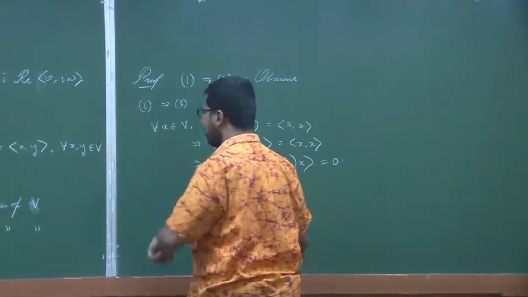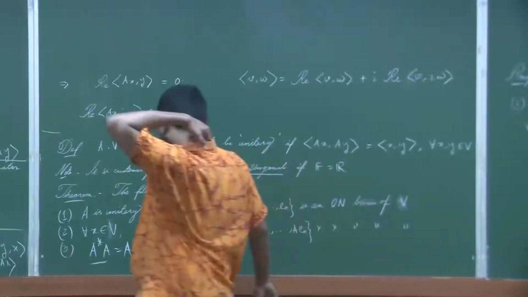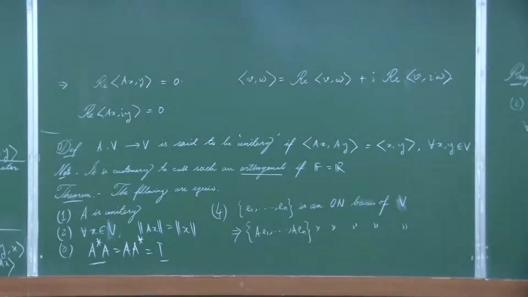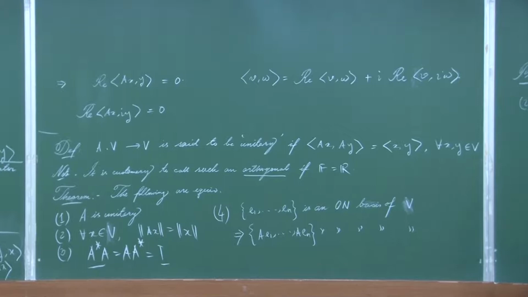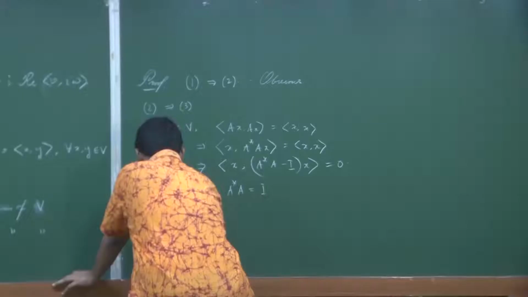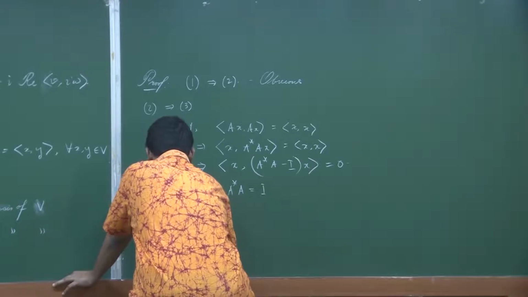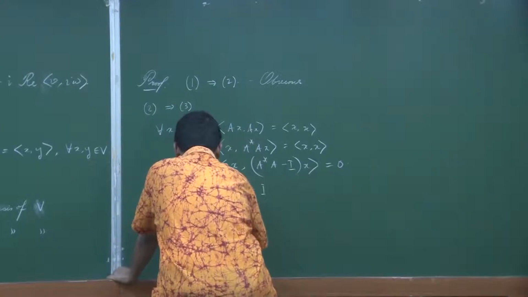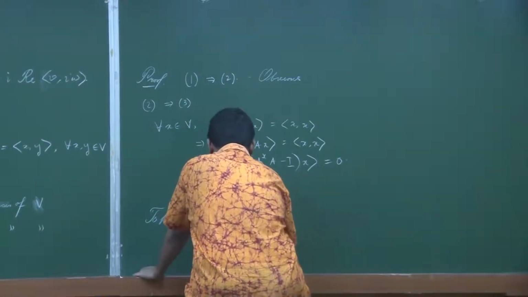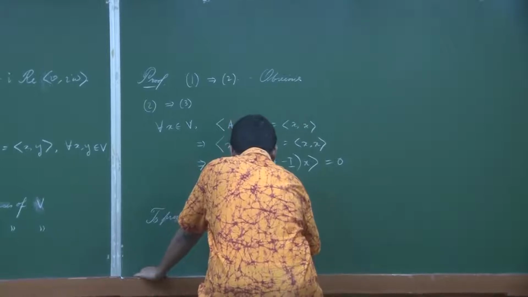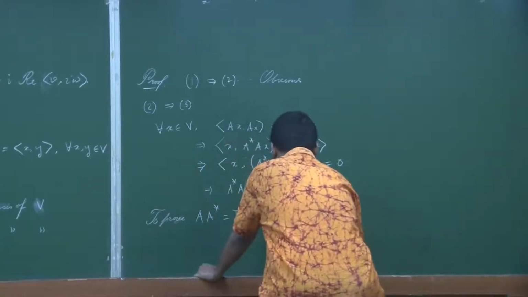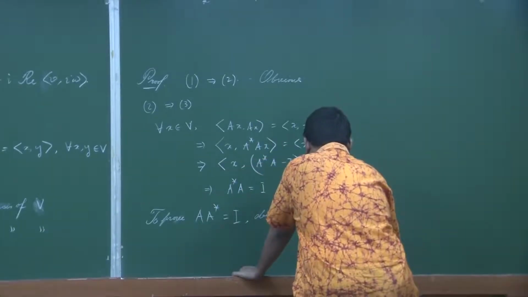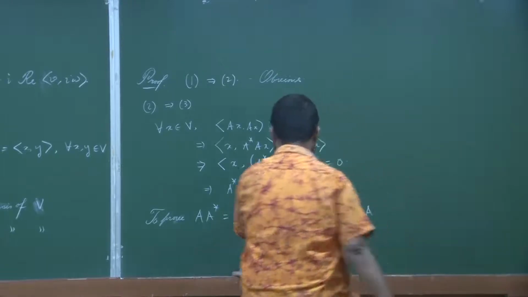And to prove the other part, that A A star equals identity, observe that A star star is A. Okay.